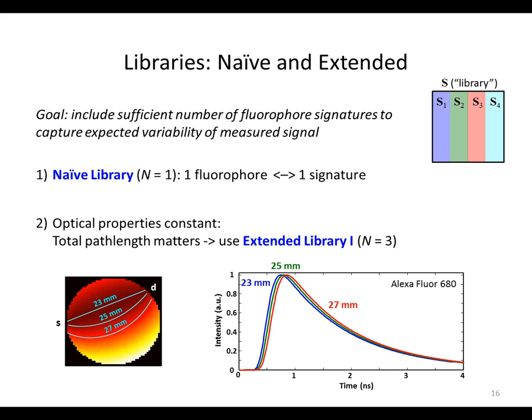And here I'm showing you 3 examples for Alexa Fluor 680. And you can see that the difference is not huge. It's just a little bit. But by actually including this variability in the library, we're able to significantly improve our demixing performance. So this library I'm going to call Extended Library 1. And it has 3 signatures per fluorophore.